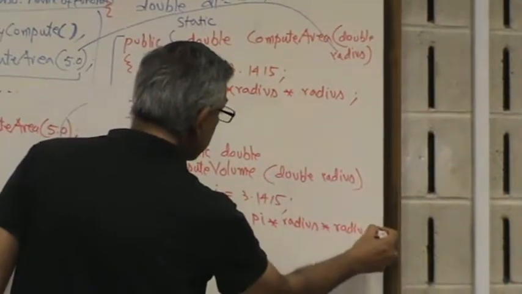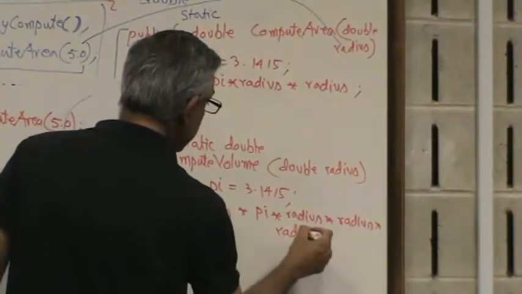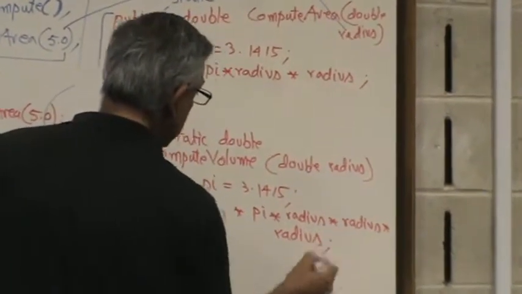Remember, it's 4 over 3 pi r cubed, correct, is the volume.